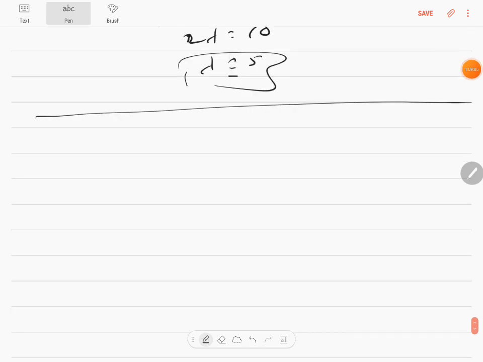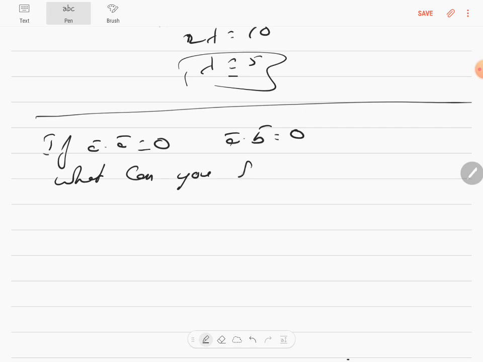This is a book sum only. If A vector dot A vector is equal to 0 and A vector dot B vector is equal to 0, then what can be concluded about B vector? So A vector dot A vector is equal to 0 means what? You're dotting A and A. When will the dot product be 0?